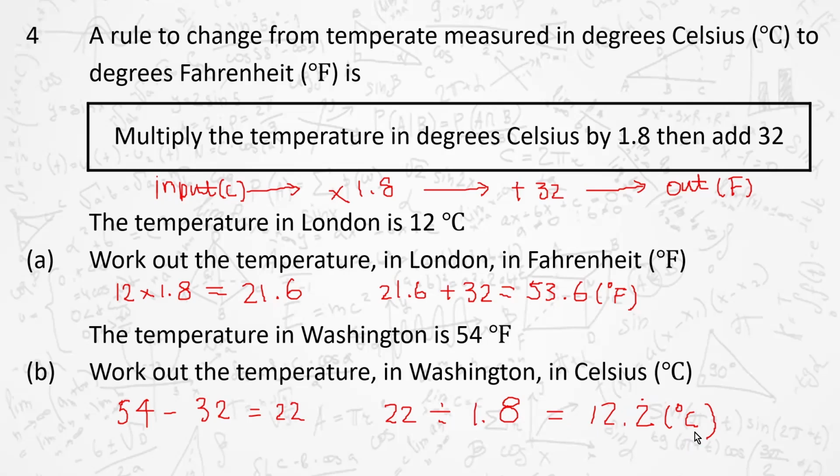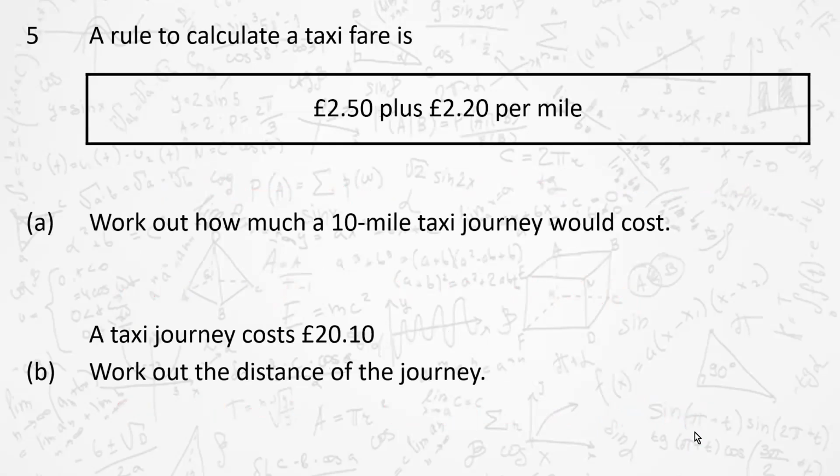Next question. Question 5. A rule to calculate a taxi fare is 2.5 plus 2.2 per mile. So if this is our input, that's a plus.